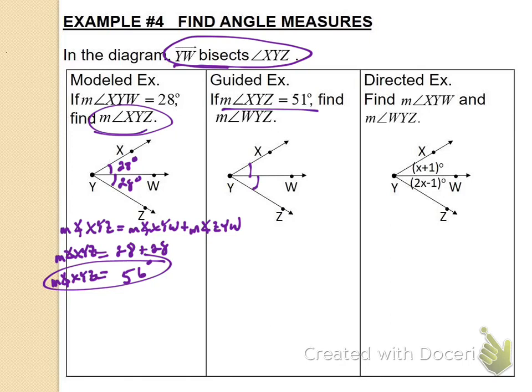Now we're told that angle XYZ is 51 degrees. If this whole thing is 51 degrees, then WYZ would have to be half of that. We have to cut that in half because these two pieces are exactly the same size. So 25.5 degrees and 25.5 degrees is what we'd be looking for.